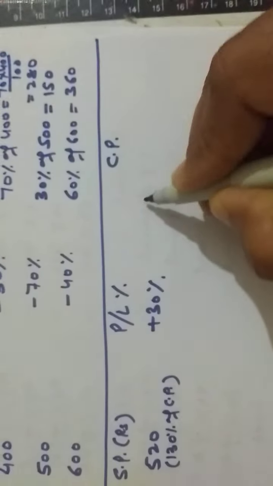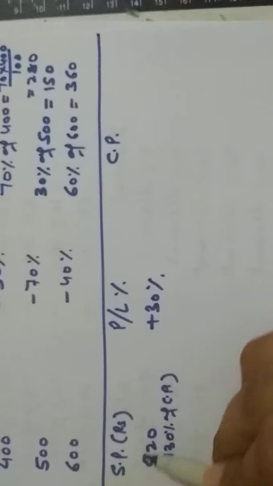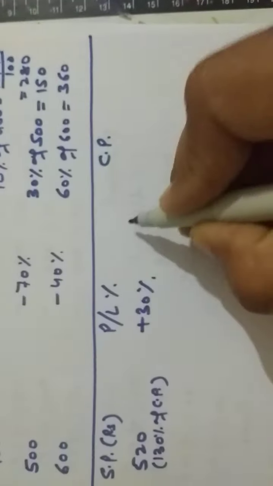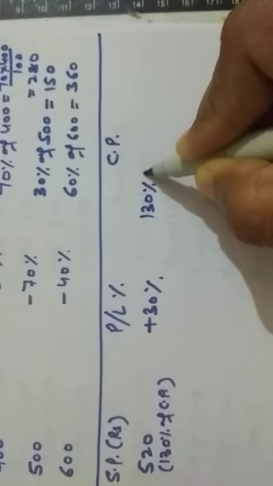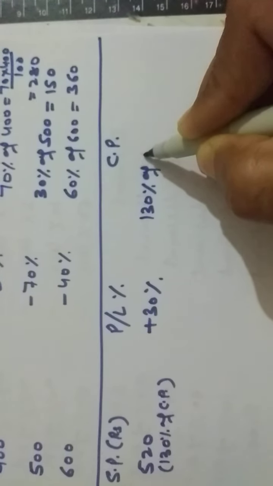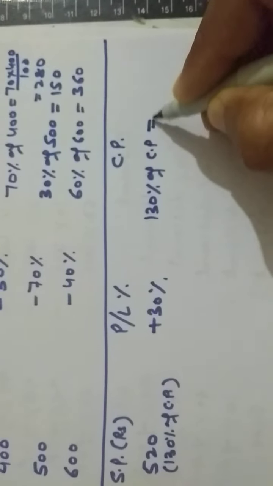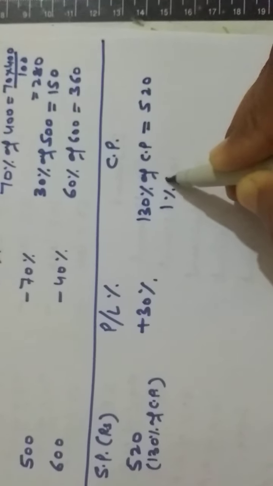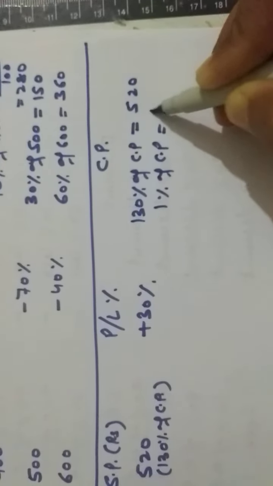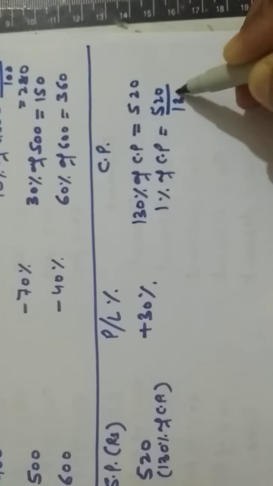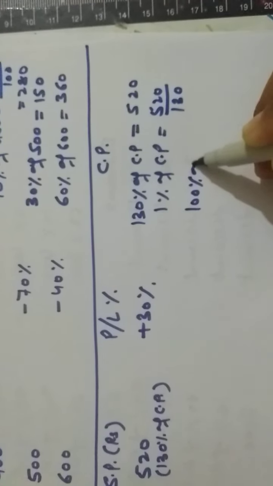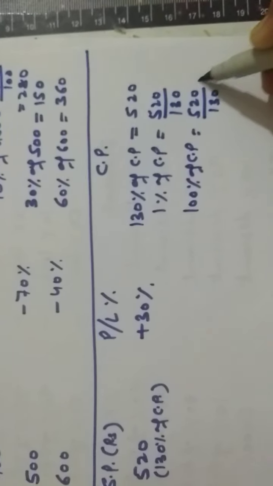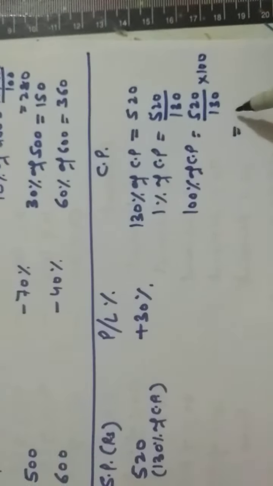So 130% of cost price is equal to 520 rupees. So 1% of CP is equal to 520 upon 130. So 100% of CP is equal to 520 upon 130 into 100. So we get 400 rupees.